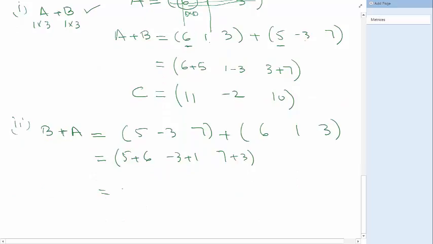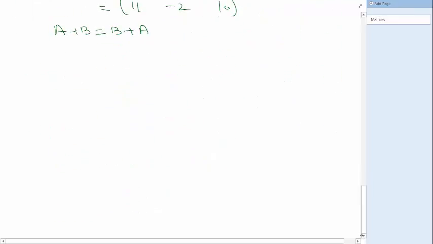That means it should be 11, minus 2 and 10. Now if you compare this B plus A resultant with the A plus B resultant, there isn't any difference. So you can conclude, and now you need to write it down: addition of two matrices always follows the commutative property. That is, A plus B is always equal to B plus A. Means order doesn't matter in addition of matrices.